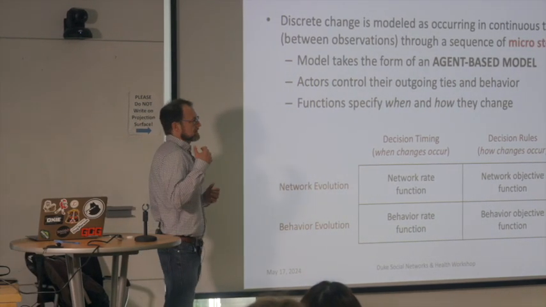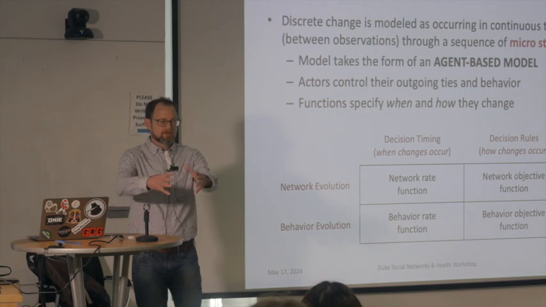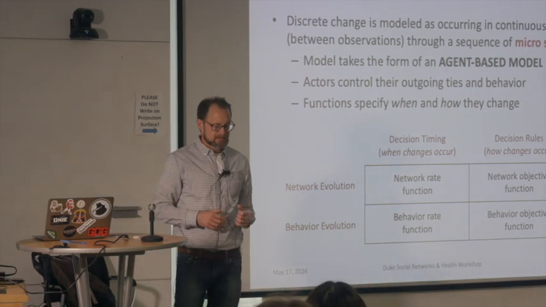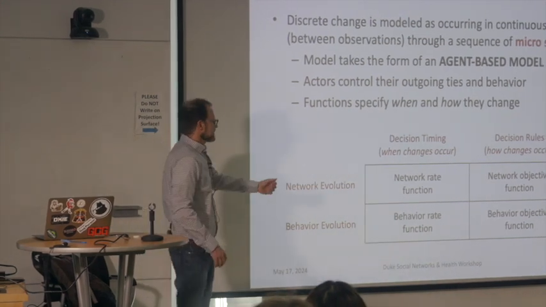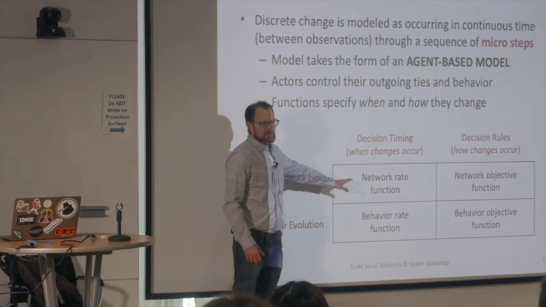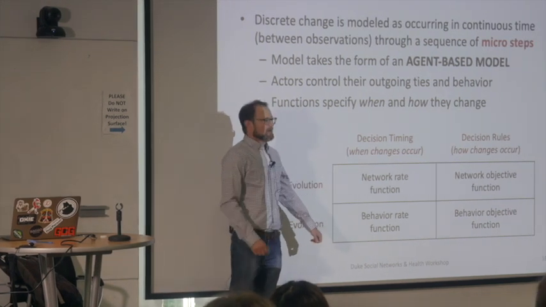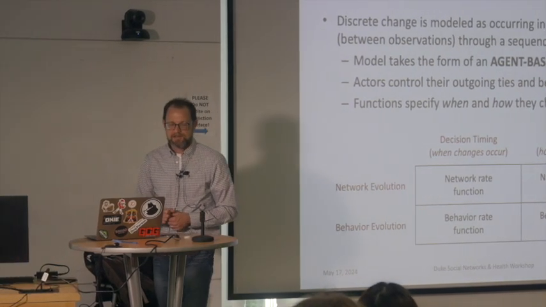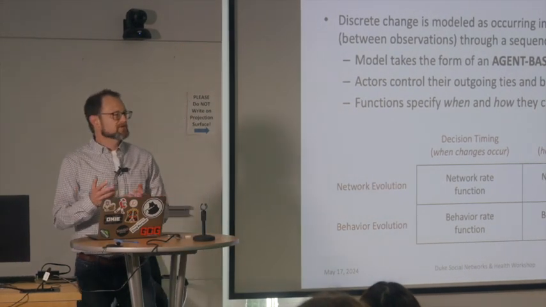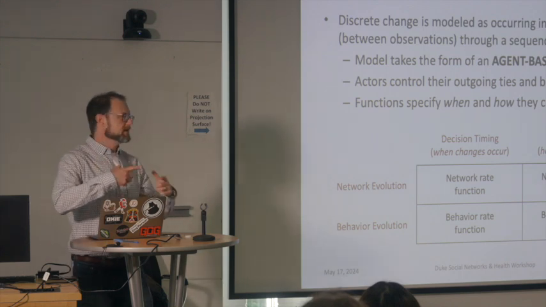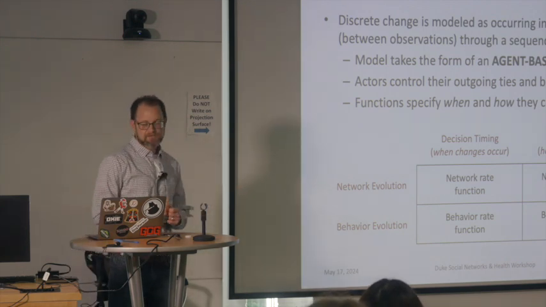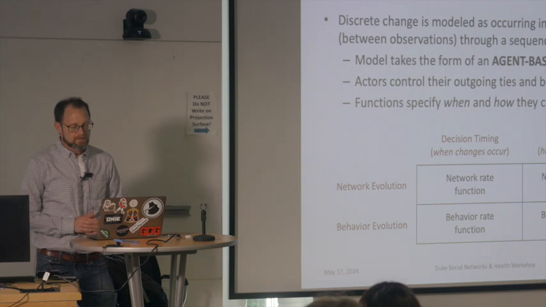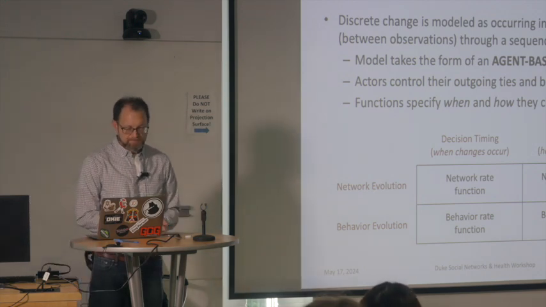But if people move into a new context or something, the question that came up earlier, you can adjust this. Rate function gives some actors more chances to change. Actors with some attributes might have more chances to change. You might imagine in a school, freshmen entering the school are changing their networks a lot more rapidly than older students. So that's something that could be put in there to test for that.